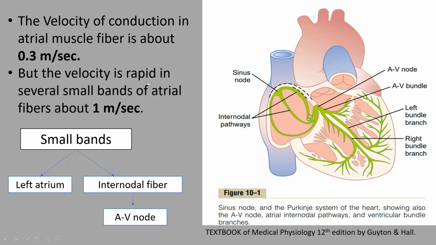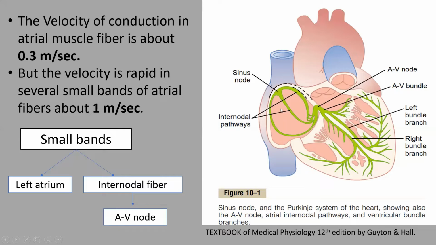But the velocity is rapid in several small bands of atrial fiber, about 1 meter per second. For example, these are the internodal fibers, and the fiber that directly supplies the left atrium. So their conductivity in these small bands is very fast compared to the atrial muscle.